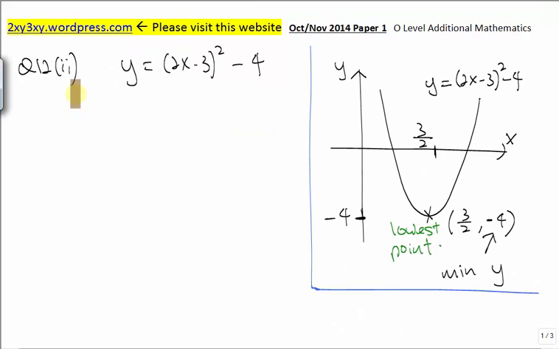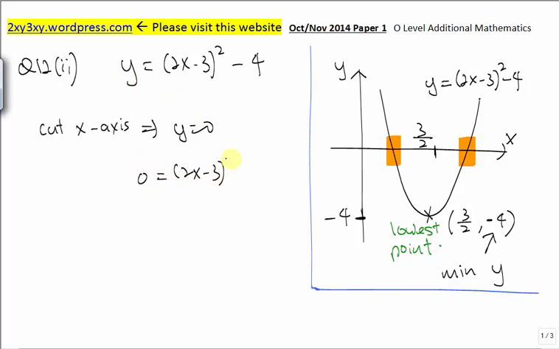For question 12 part 2, we are asked to find the point at which the curve intersects the x-axis. And we know that when the curve cuts the x-axis, we'll set y to be 0. So when y is 0, we'll have this equation.